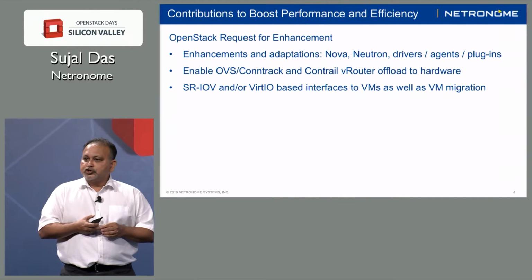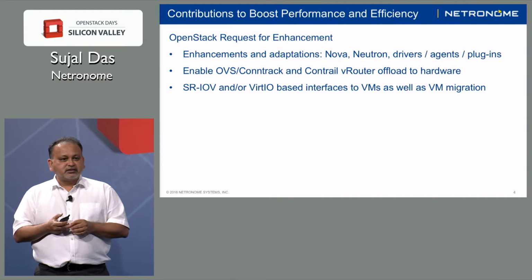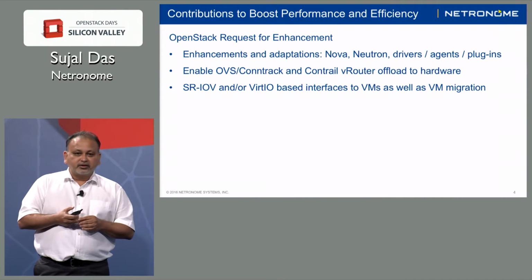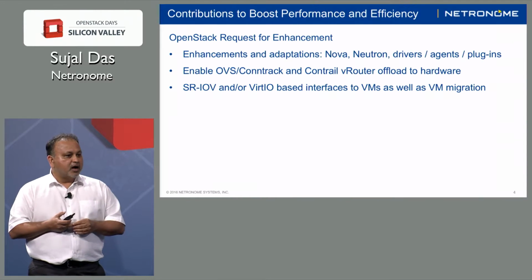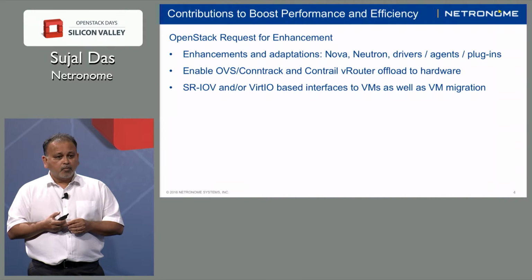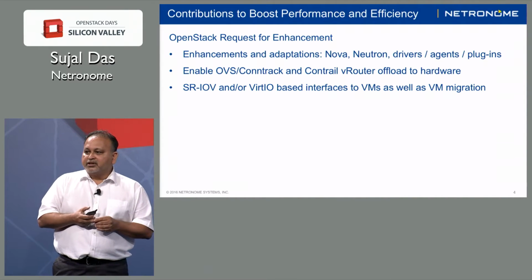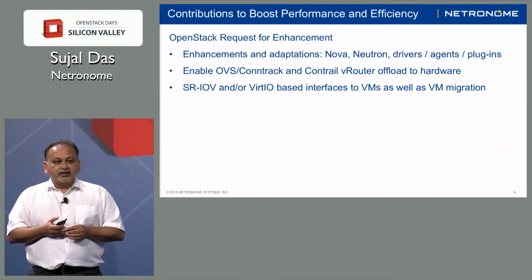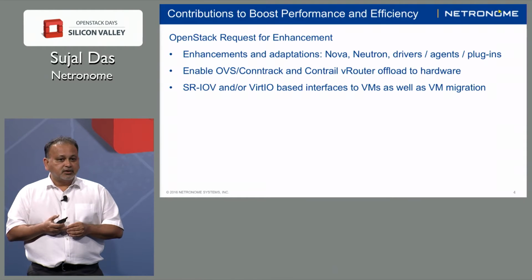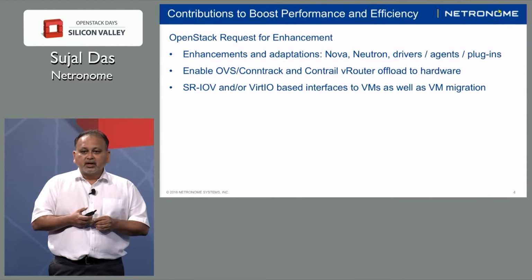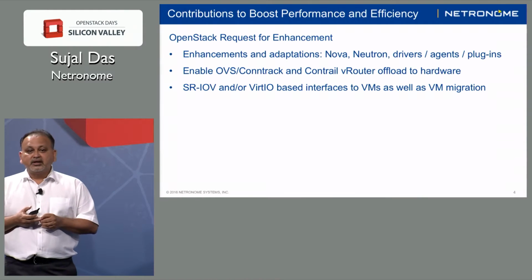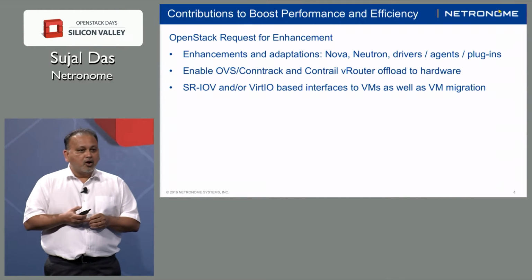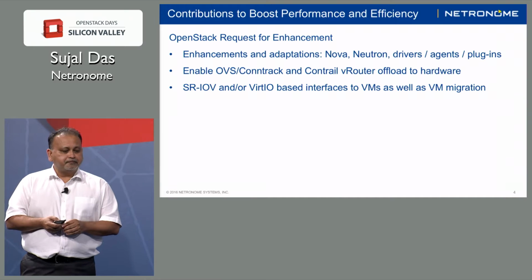The goal here is to offload the OVS, or OVS with connection tracking, or the Contrail vRouter data path into server networking hardware such as SmartNICs. The RFE is also associated with the use of SR-IOV and VirtIO-based data delivery mechanisms to VMs to accelerate data delivery to VMs, as well as preserve the ability to do VM migrations. These are key innovations that Netronome is working on using this RFE with the OpenStack community.